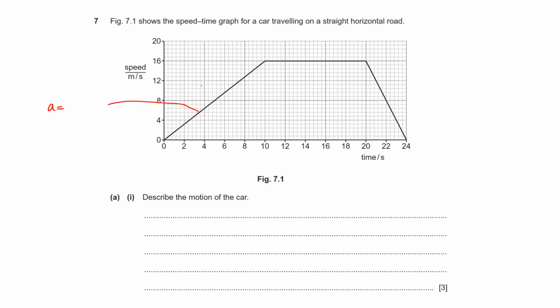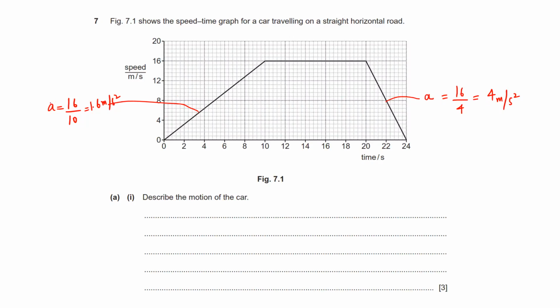The acceleration will be 16 divided by 10, or the slope of this line, which is 1.6 meters per second squared. The deceleration in the last 4 seconds, again the slope of this line, is 16 divided by 4, which is 4 meters per second squared, or deceleration.